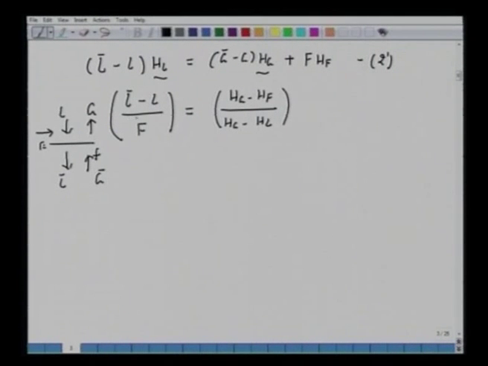So all we are writing here is L bar minus L, right, over F, is shown to be equal. So this is your molar flow rate. The ratio is shown to be equal to the difference between Hg minus Hf, same ratio of Hg minus Hf over Hg minus HL.